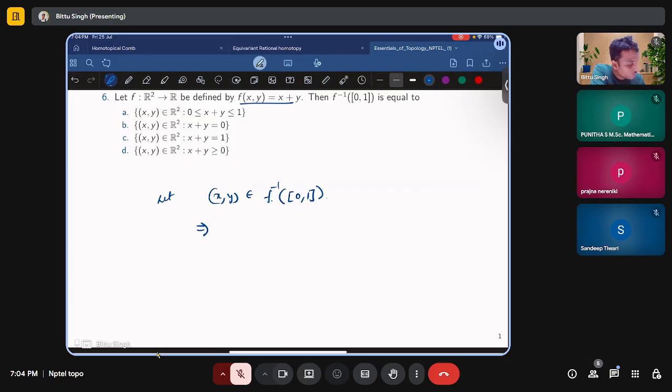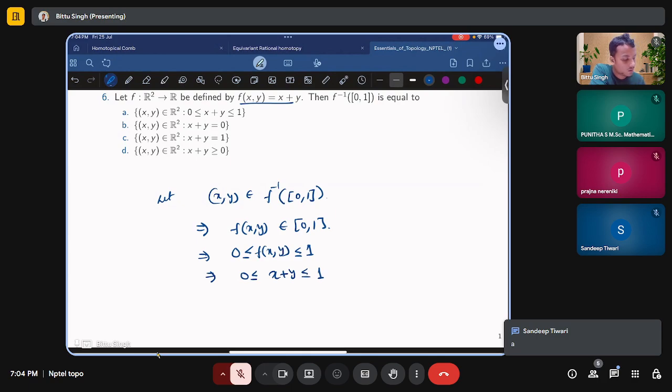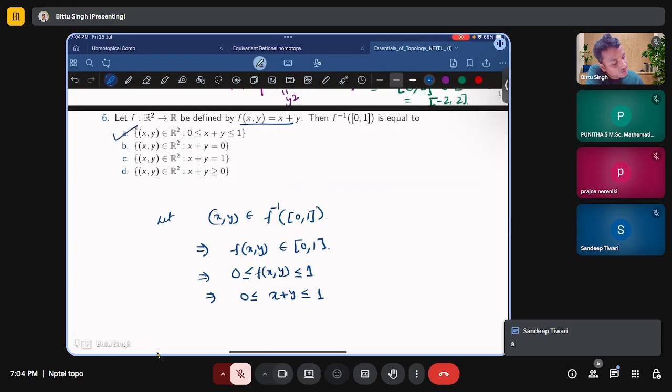So if (x, y) belongs to this, that means f of (x, y) belongs to closed [0,1], and that is equivalent to saying f of (x, y) is greater than or equal to 0 and less than or equal to 1. And the definition of f of (x, y) is x plus 1. So those are actually definitions, and all those steps are if and only if. Therefore option A is correct.